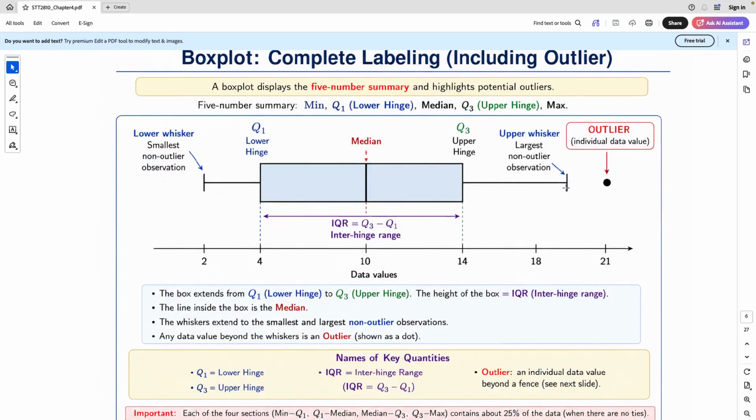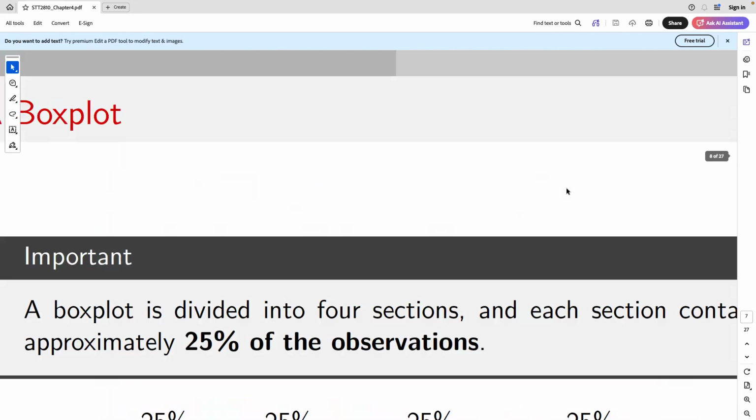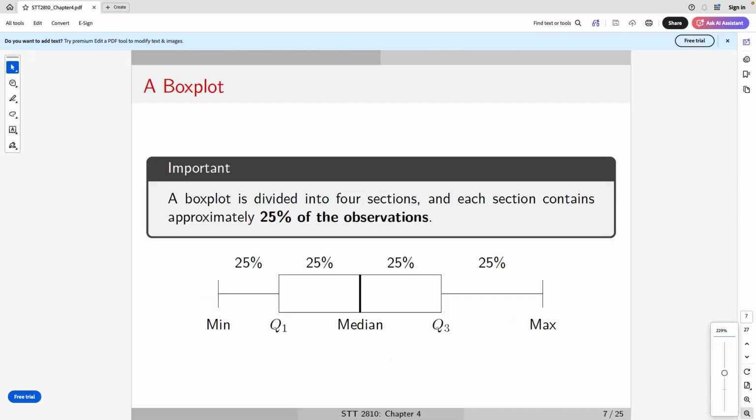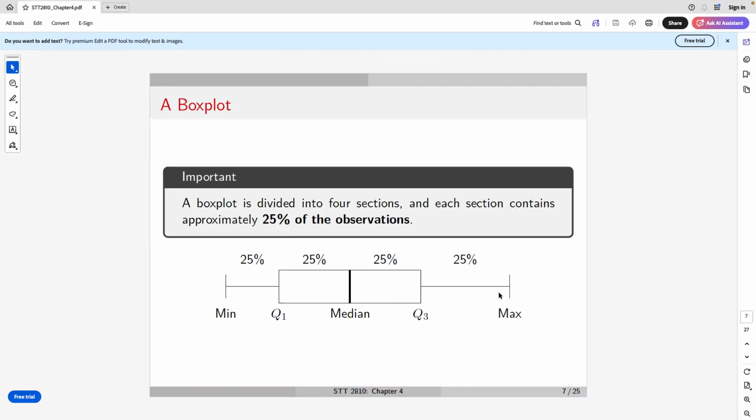The other thing you are going to be tested on with box plots. You see, this is also a box plot, with the same labeling.